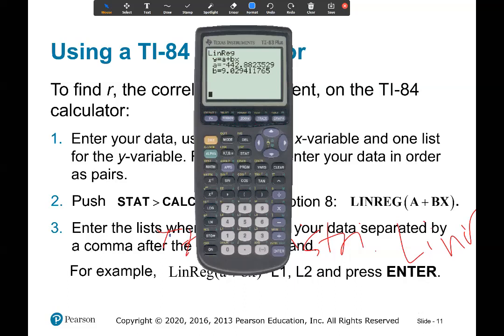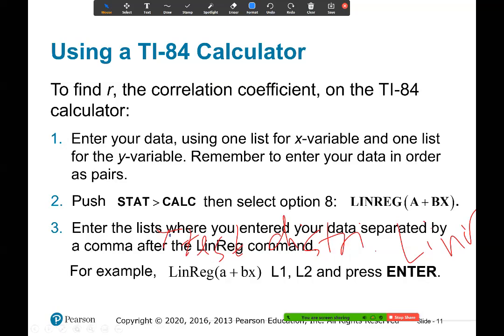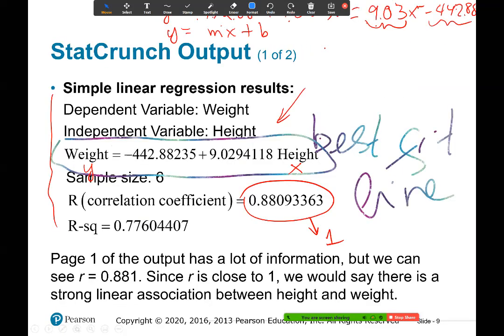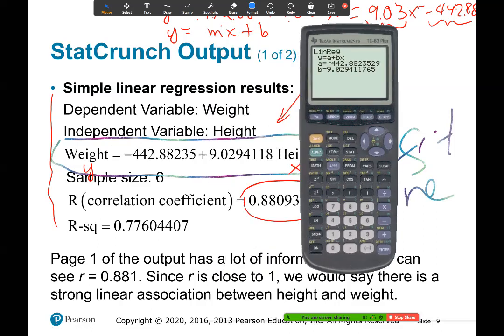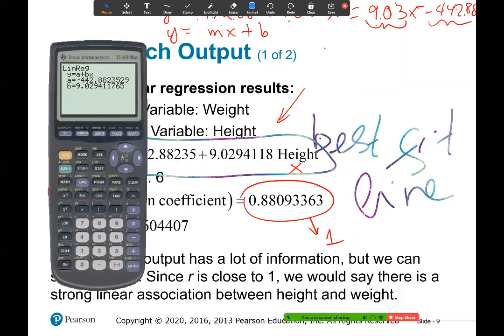It will show you a and b. Let me go back to StatCrunch. See that? a here is negative 442.88, and b here is the slope, which is 9.0294.